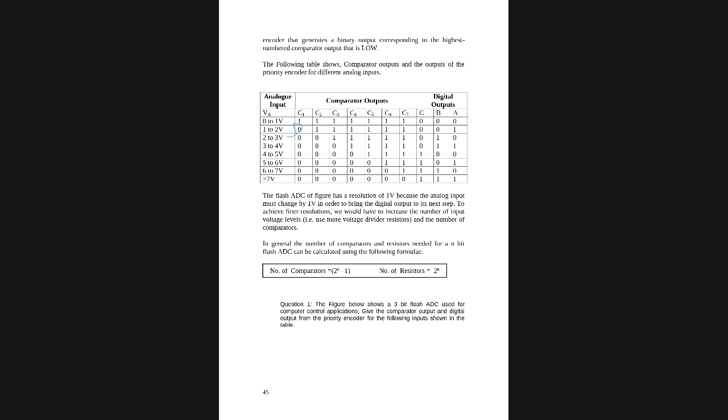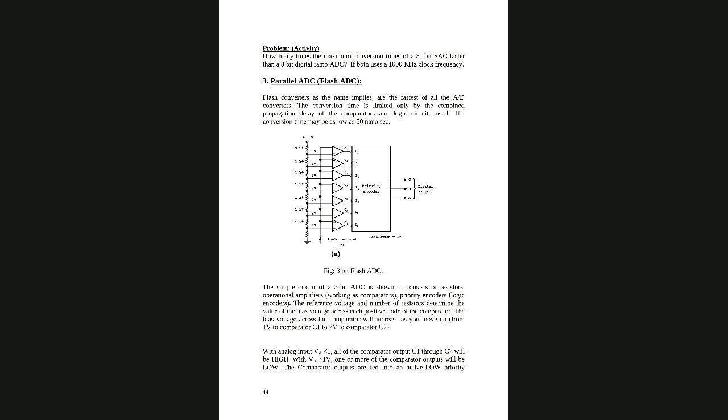What about C2 now? Go back again. Here I assume 1.7, because I say my input is 1 to less than 2. So the negative terminal of the second comparator is 1.7, but the positive is how much?